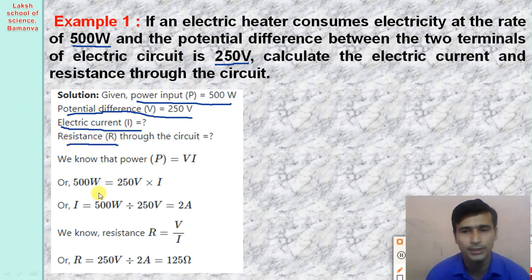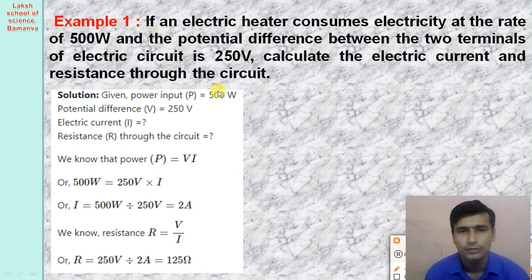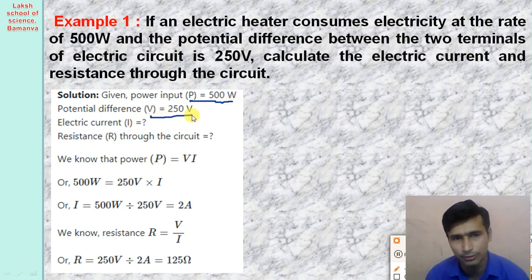So to calculate this example, we know the formula of the electric power. Electric power P is equal to V into I, right? So from this formula, put the value of the power P is equal to 500 watt, and potential difference V is equal to 250.